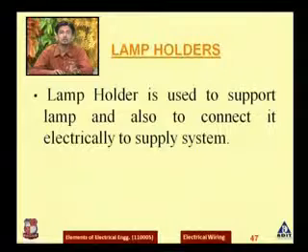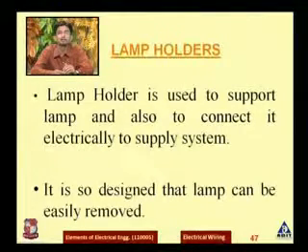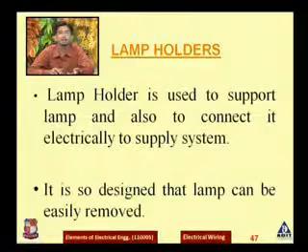So this lamp holder is used to make the permanent connection. It is designed so that the lamp can be easily removed. Suppose the lamp is not working and I want to replace it, then through the lamp holder we can easily remove it. There are different types of lamp holders used in the electrical wiring system, which are simply called connectors.